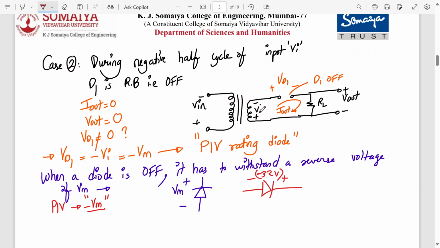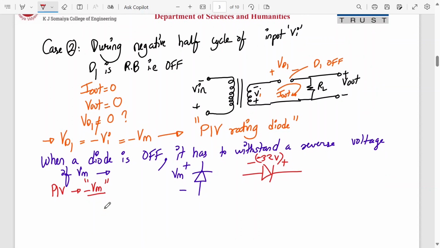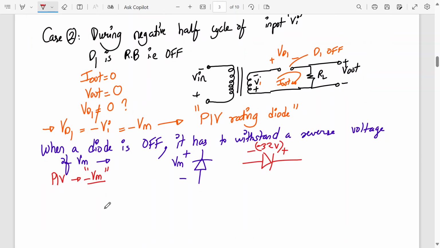So it can handle minus 32 volts peak value. Do you understand what I am saying? So it's the peak inverse voltage. Let me write it down. Peak inverse voltage of a diode: the maximum reverse voltage a diode can withstand without damaging itself.